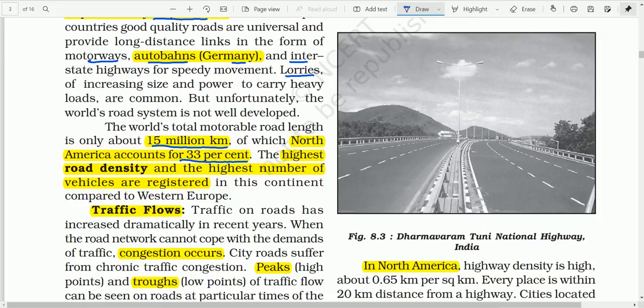So North America shares 33% of the total motorable road length of the world. The highest road density and the highest number of vehicles are registered in this continent, North America, compared to Western Europe. So this is about the distribution of road transport.